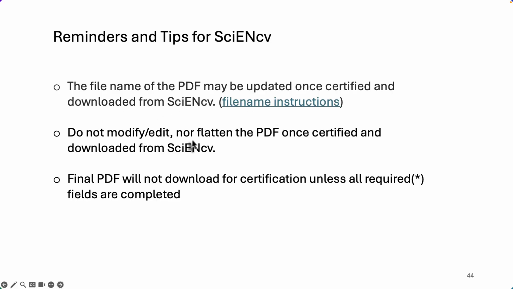Do not modify, edit, or flatten the PDF once certified and downloaded from SciENcv. Remember, this will modify or corrupt the metadata, and it can give you errors when you try to upload it to the system. And the final PDF will not download for certification unless all required information or fields are completed.